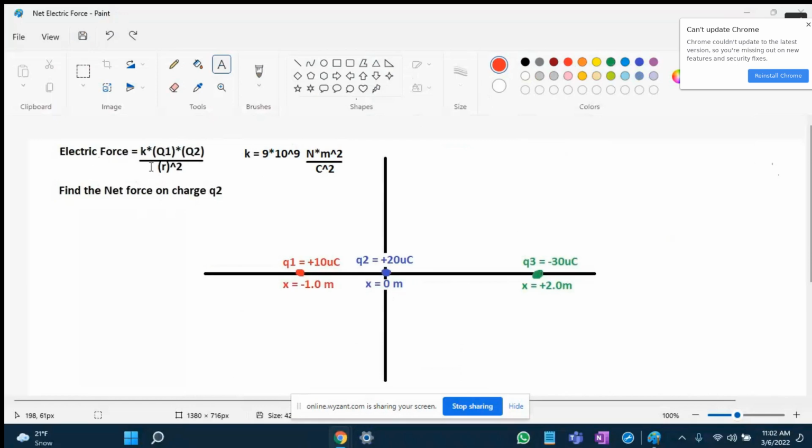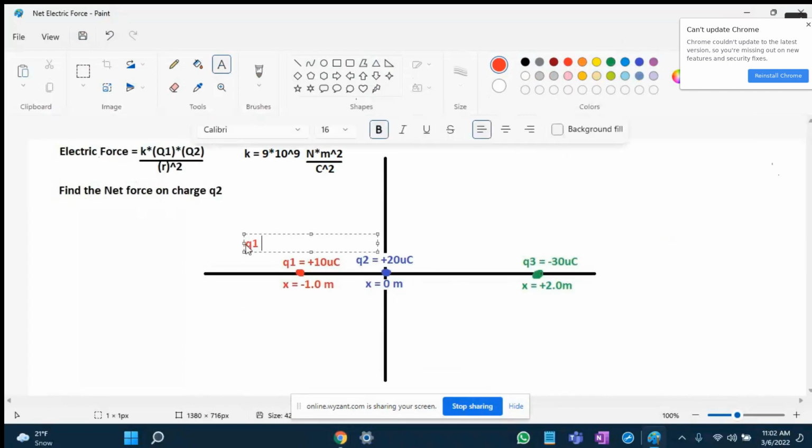Now, this force formula requires the charges to be in coulombs and not microcoulombs. So we can simply convert those. So note that 1 microcoulomb is 10 to the negative 6 coulombs. So Q1 will be positive 10 times 10 to the negative 6 coulombs.